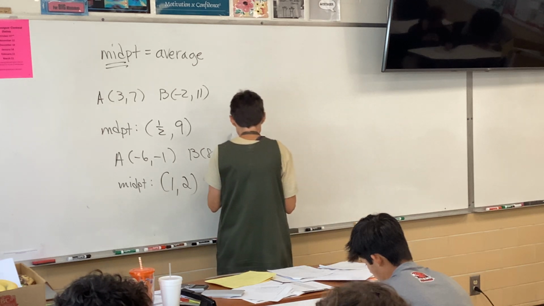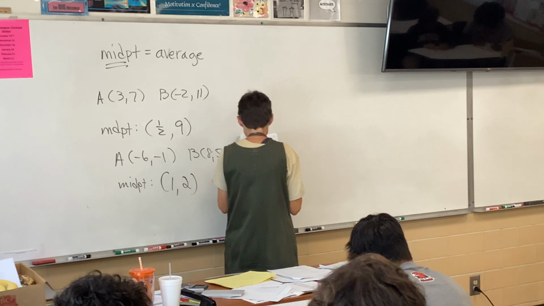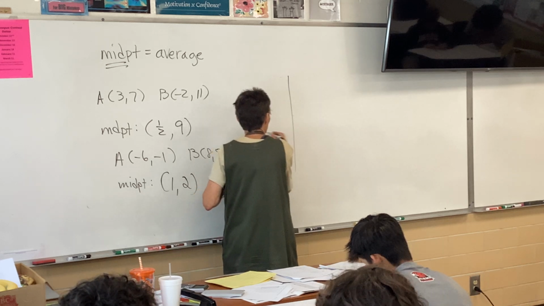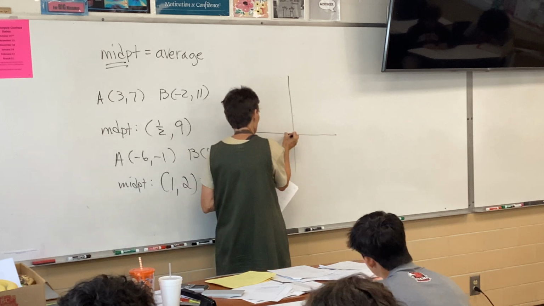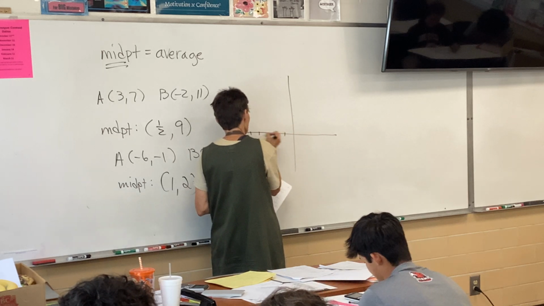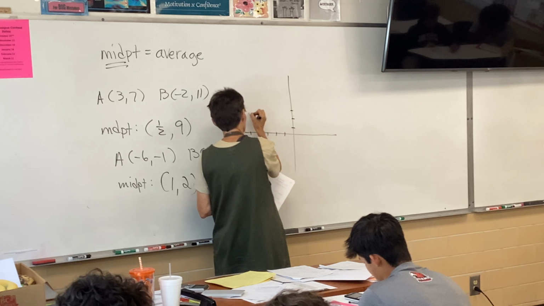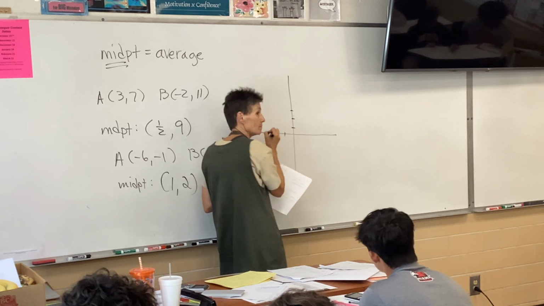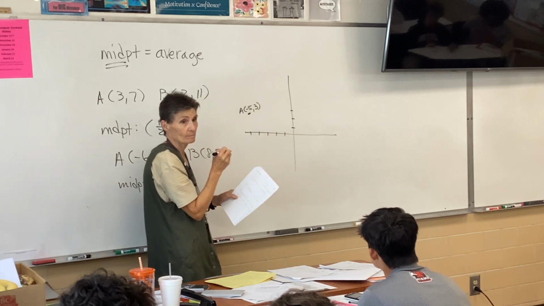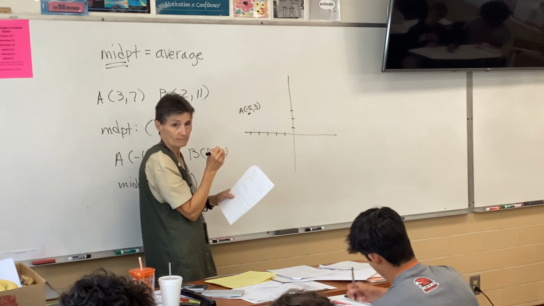Okay. Find the area and perimeter of the figure. Okay, let's go ahead and plot these points. So everybody remember -5, 3. Right?